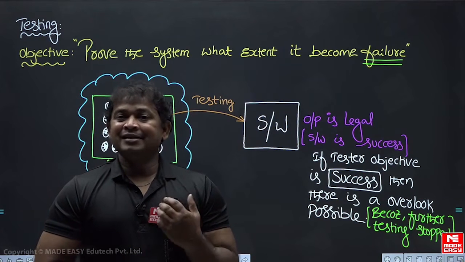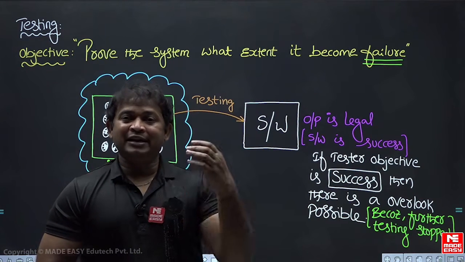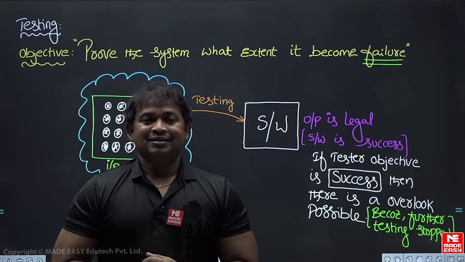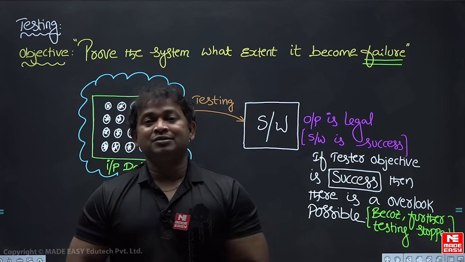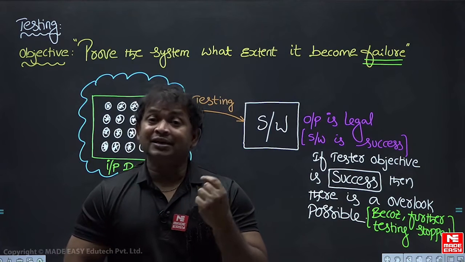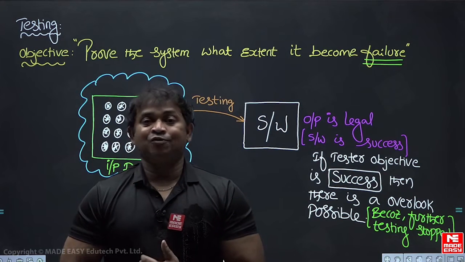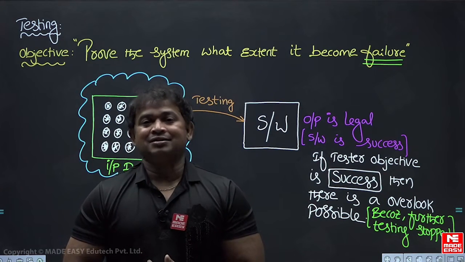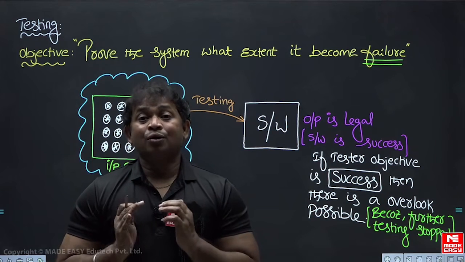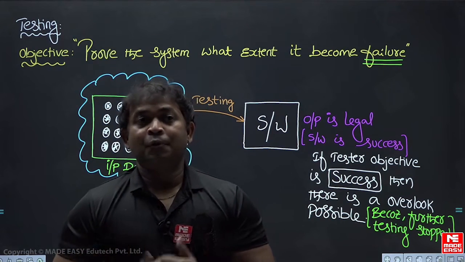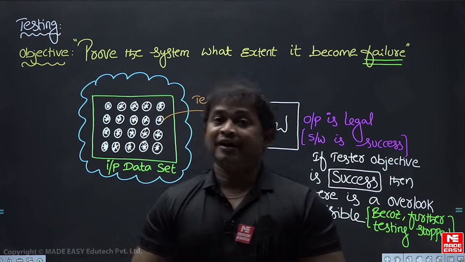When defects are more, quality will be decreased. That is the reason the testing team's objective is to prove to what extent the system can fail, not to prove to what extent it is a success. So always the testing team's objective is to prove to what extent the system can fail.